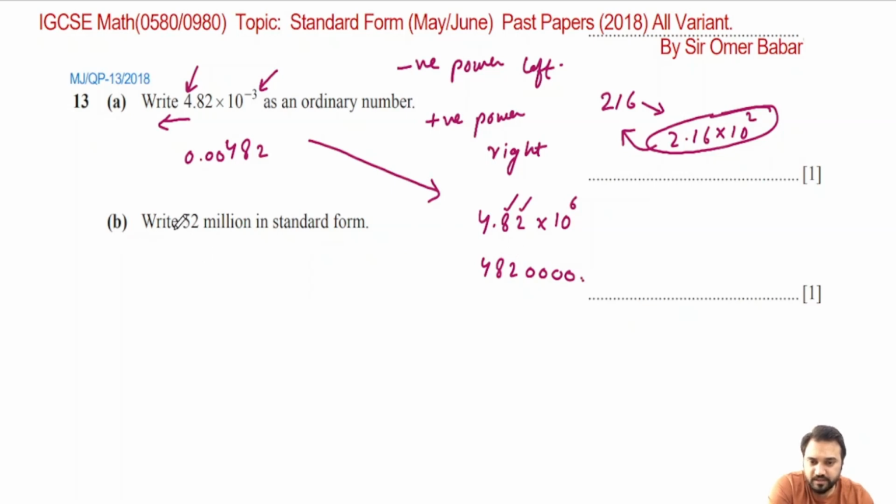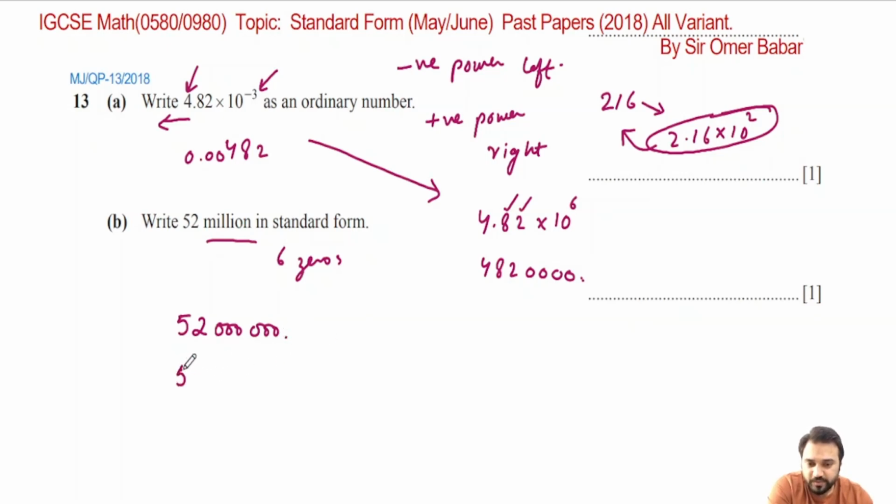Now in part B, write 52 million in standard form. How can we write 52 million in standard form? 1 million contains 6 zeros. First of all, put it there with 52, 1, 2, 3, 4, 5 and 6. Now we are going to convert this ordinary notation into standard form. Where is our decimal? We cannot see any decimal here, so it means the decimal is at the end of it.